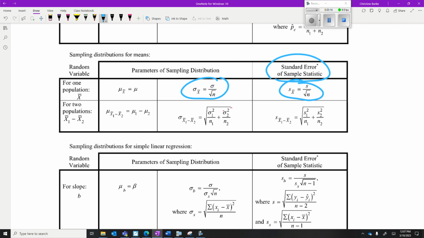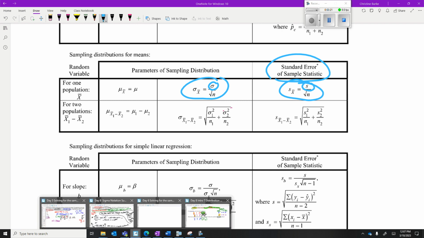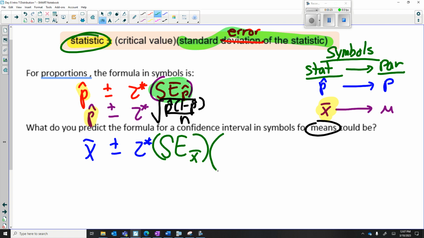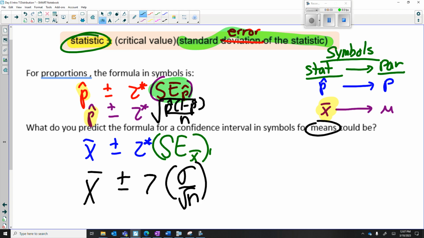But if we don't have sigma, we have to replace it with the sample standard deviation, which is called S. So it's either sigma over radical n if we have it, and if we don't, it's S over radical n. Actually I should write sigma x bar here. If I have sigma, I use sigma, and if I don't, I replace it with S. This is the formula we're going to use next.